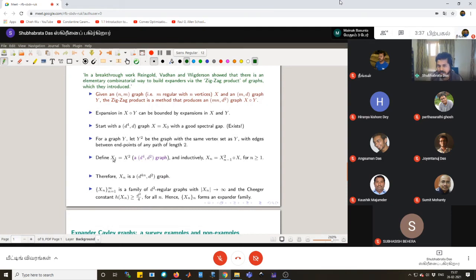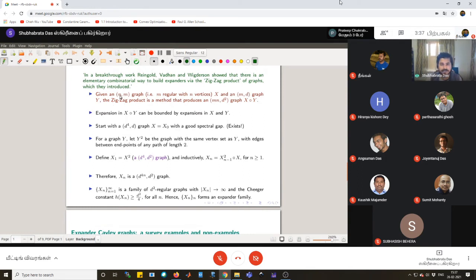When I consider x1 squared here, it becomes d to the 4, d to the 4. And here I have x naught, which is d to the 4, d. So we are in a situation like n, m, and m, d.